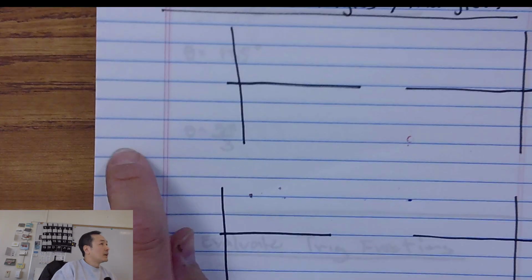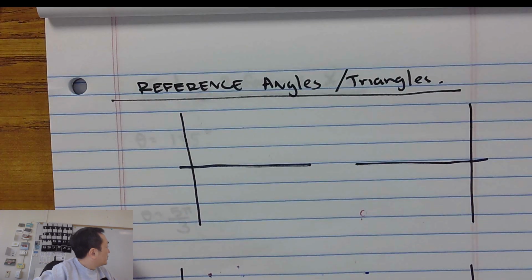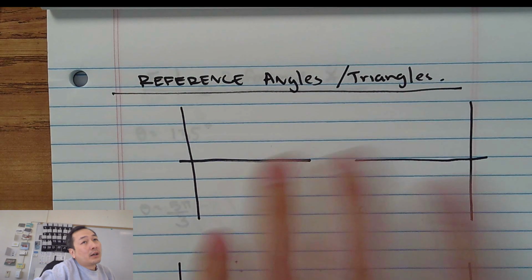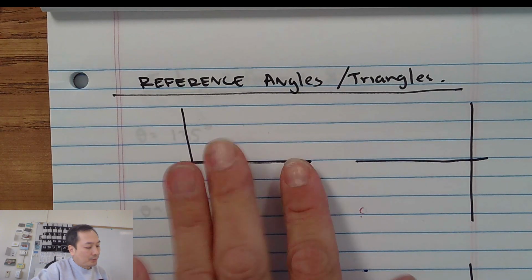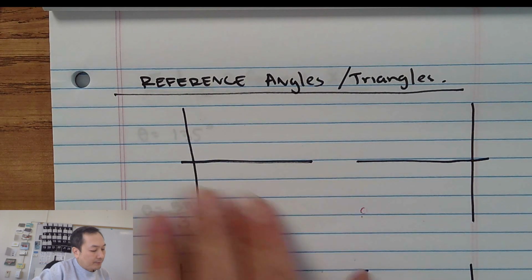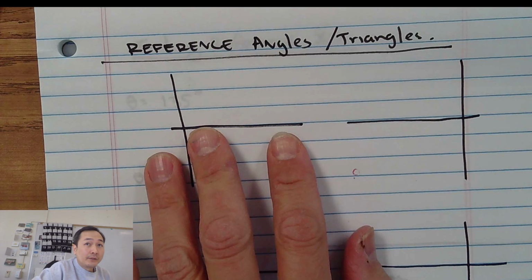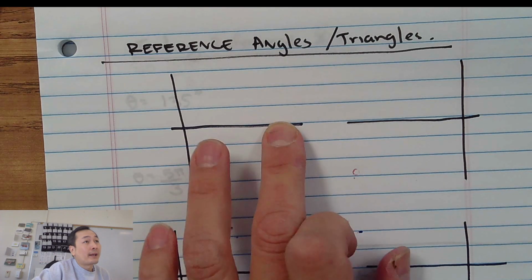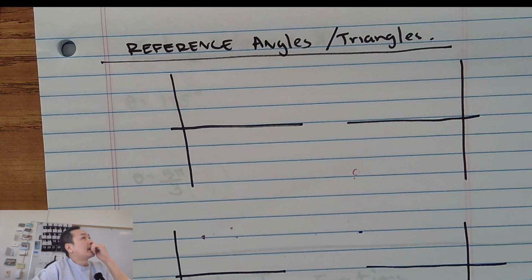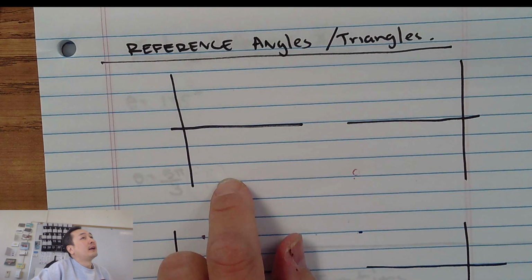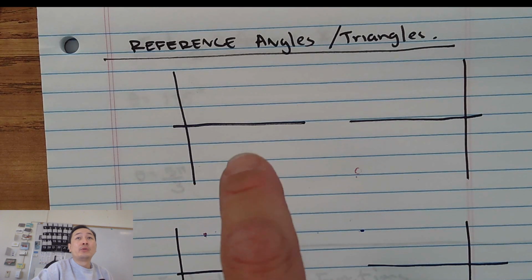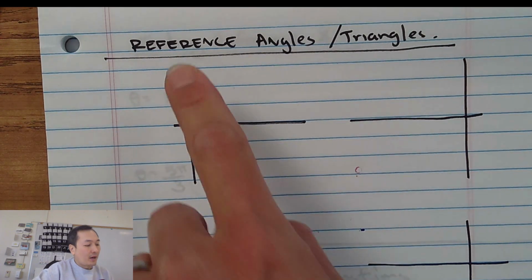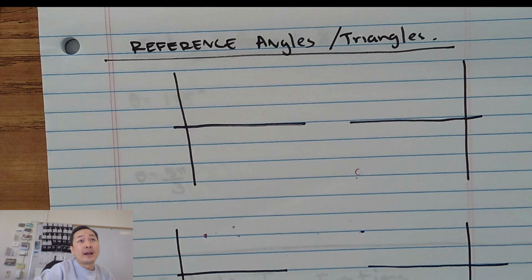So now, just like before, where we got our opposite, adjacent, hypotenuse triangle and we plopped it onto our xy coordinate plane, since the coordinate plane has 4 quadrants, we are going to be drawing our reference triangles in each quadrant.